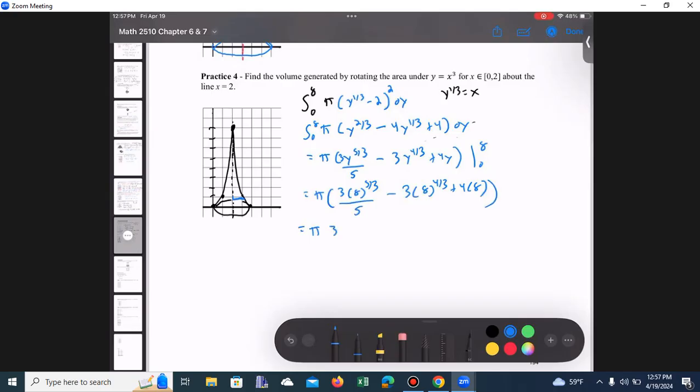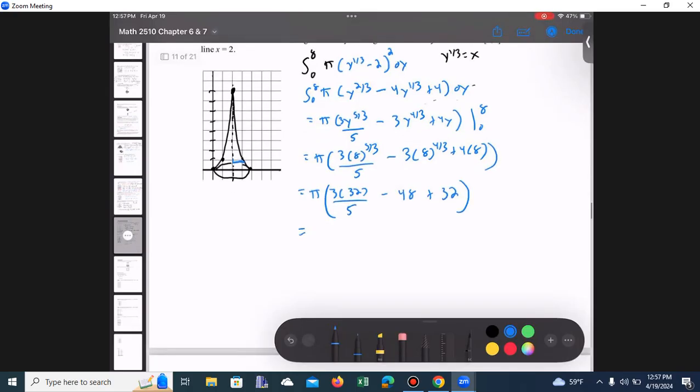So we'll have 3 times 32 over 5. On that side, we'll have 2 to the 4th, 16, so we'll have 48, and 32. So that'll be, let's see, 19.2 minus 48 plus 32, which will give me 3.2 pi.